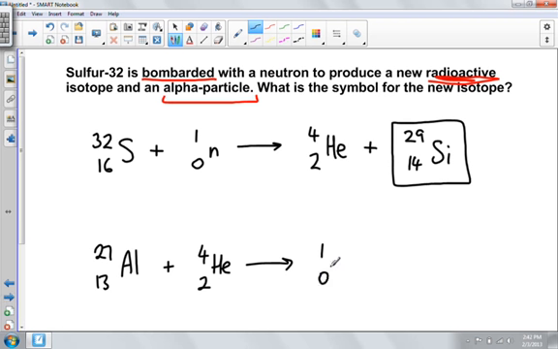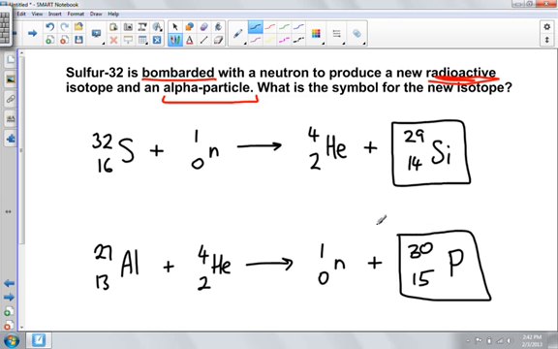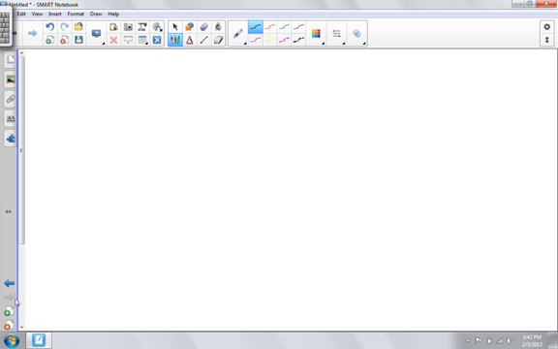So 1 at the top, 0 at the bottom, N to just say we have a neutron. So if we've got 13 and 2 on the bottom, then of course the element here must have an atomic number of 15, and that turns out to be phosphorus. The mass number is just going to be 27 plus 4, which is 31. We have 1 here, so this number must be 30. And that is it. Now just one more before we go.